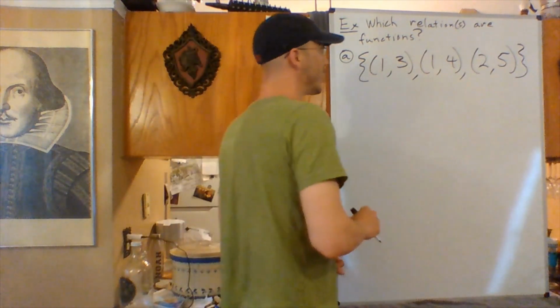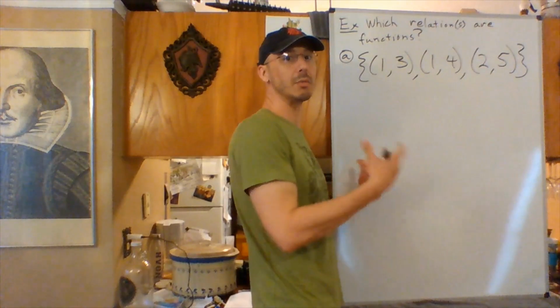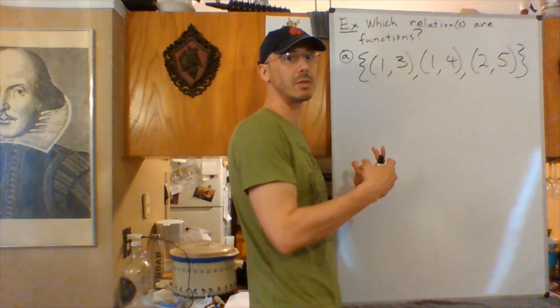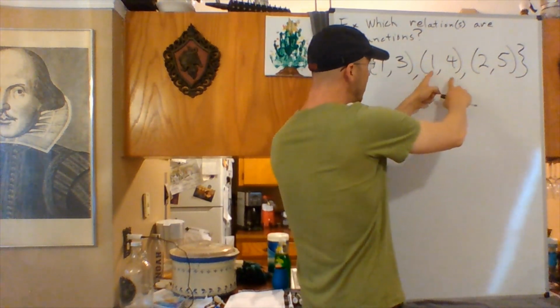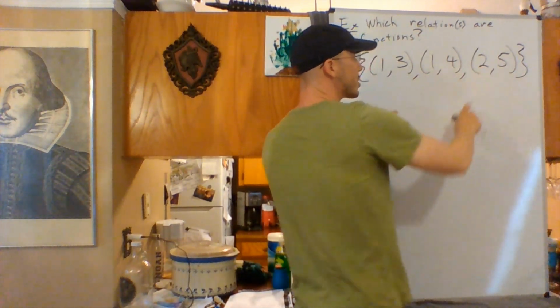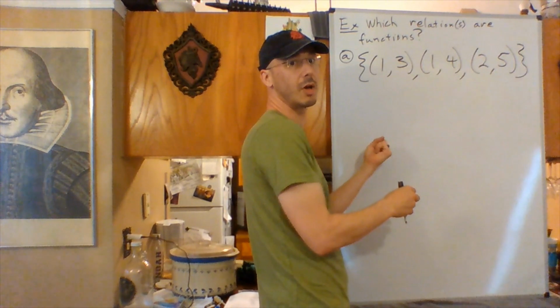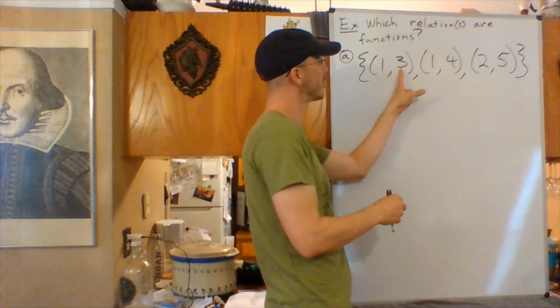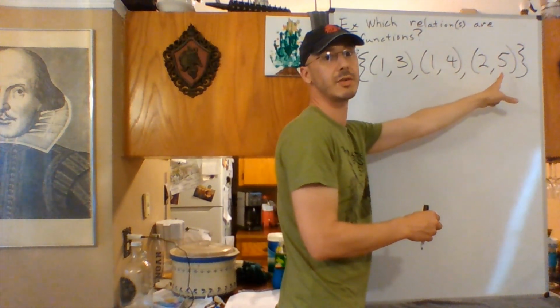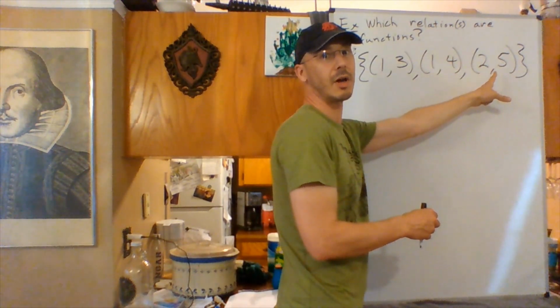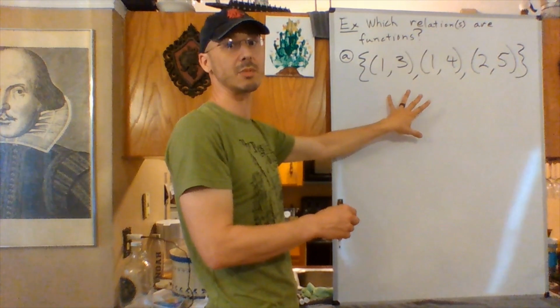So the domain here, the inputs, are 1, also a 1, and 2. So just 1 and 2. The range consists of 3, 4, and 5. That's not what we're being asked, but that's important to this.